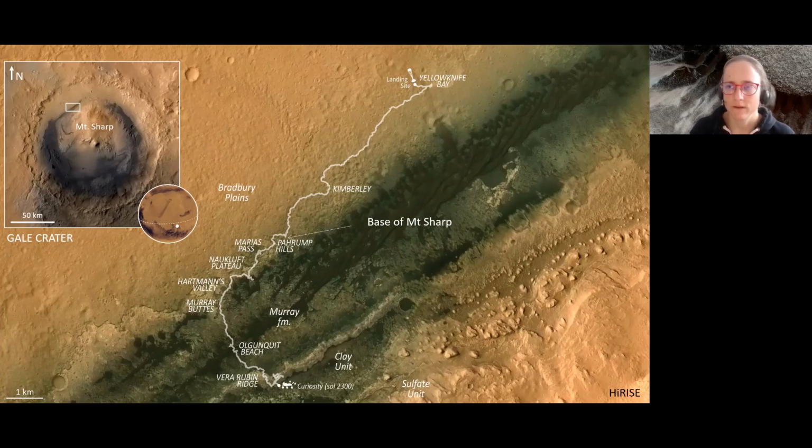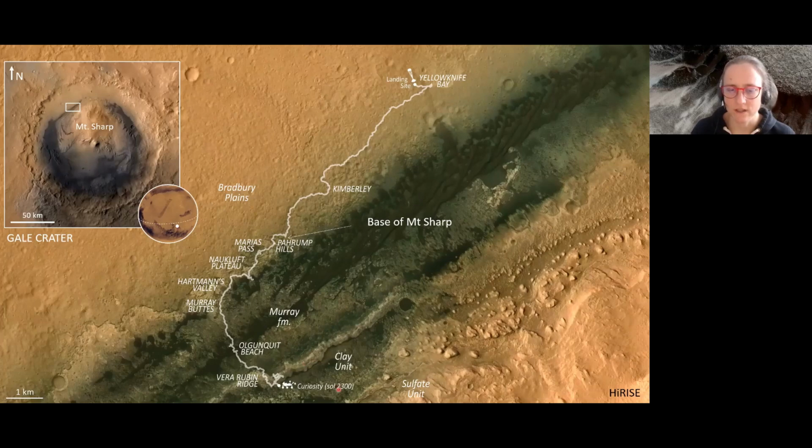And from orbit, there was evidence of aqueous minerals in the area where Curiosity actually ended up landing. So this is a view of the landing site and the path that the rover has taken over its lifetime.